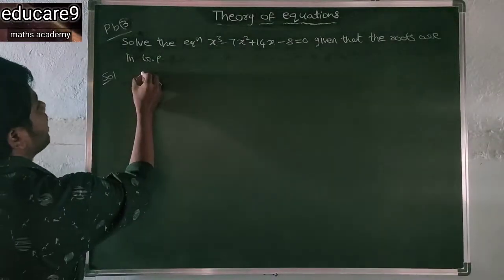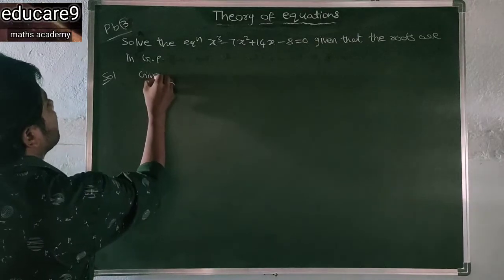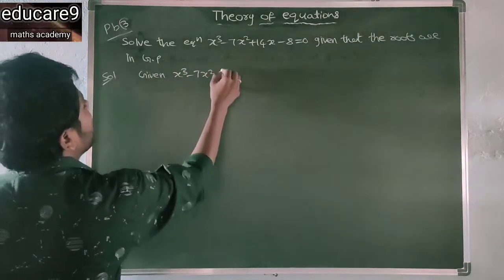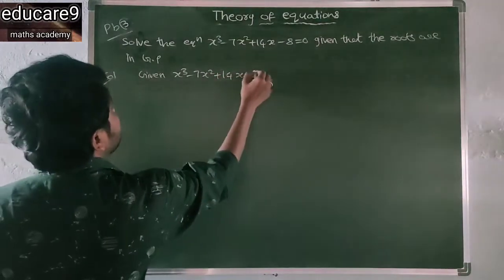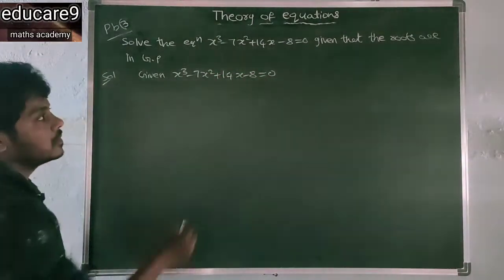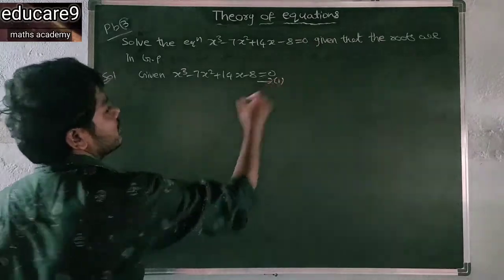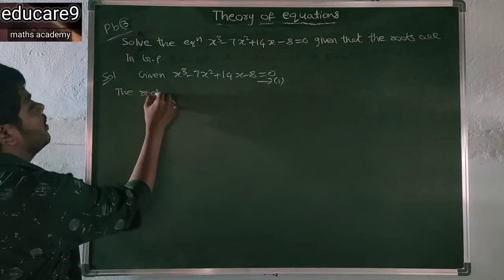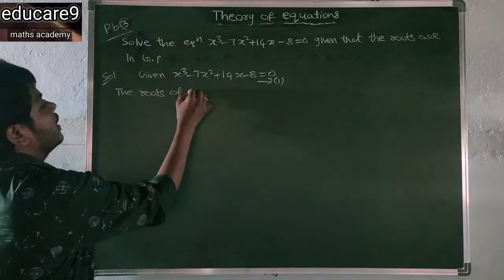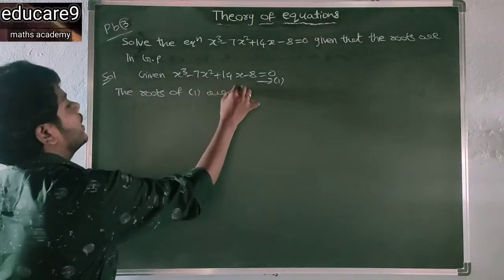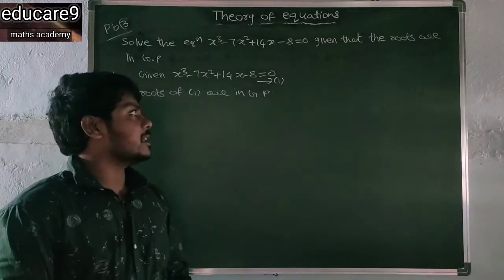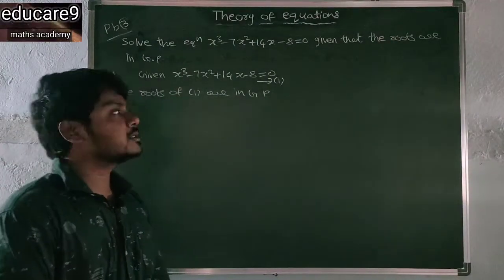See the solution. Given x cube minus 7x square plus 14x minus 8 is equal to 0. So this is equation 1. So given that the roots of 1 are in GP, clearly in that case you have to take the roots.